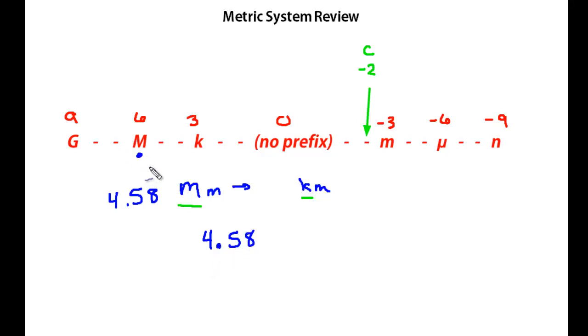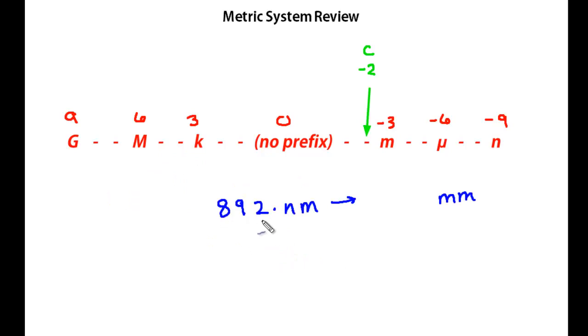And I want to go from mega to the K. So I'm going to move it over 1, 2, 3 places. So down here, that would mean I'd go 1, 2, 3 places. And then I have to fill in a 0 here for a placeholder, and this is my new decimal point location. I know I'm moving it this direction because that's the direction I'm going on the number line.